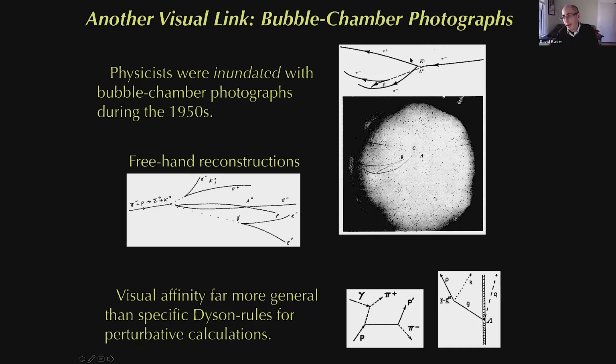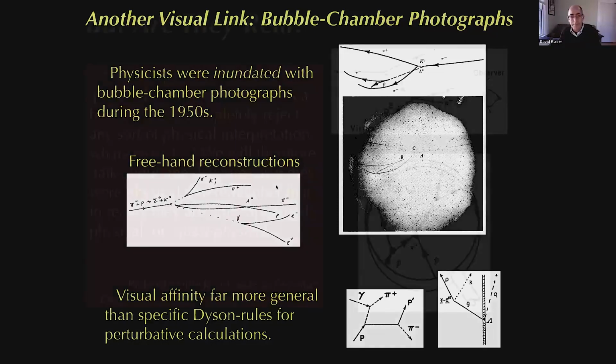This was not meant to be a Feynman diagram, but it became clear because it was actually fairly expensive to keep trying to reprint the photographs. You would just reprint these often hand-drawn line sketch reconstructions, which consist, like these Feynman diagrams, of propagation lines and vertices. So there was, in some sense, a kind of reinforcement of a kind of realism that had nothing to do with Freeman Dyson's very careful kind of derivation or anything about perturbation theory.